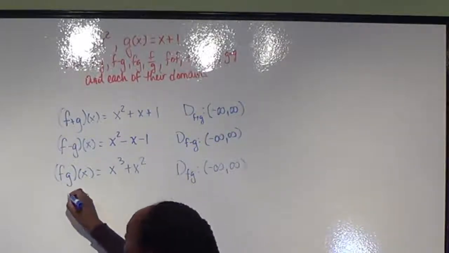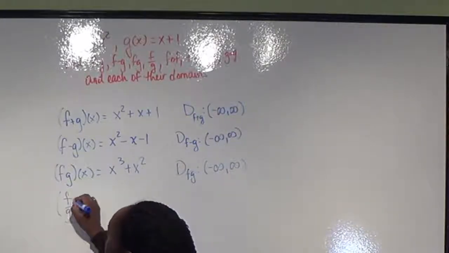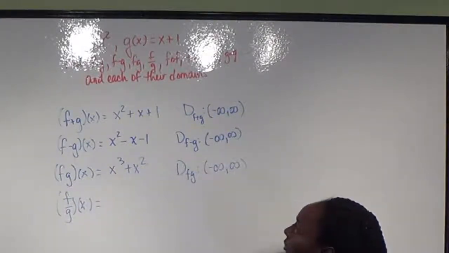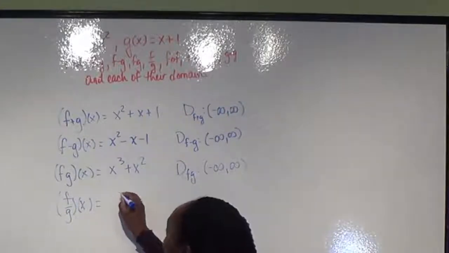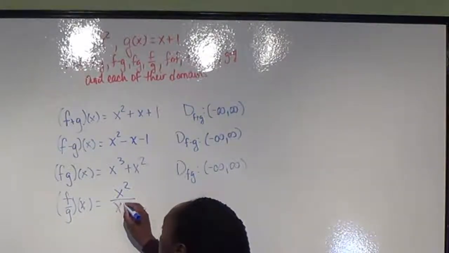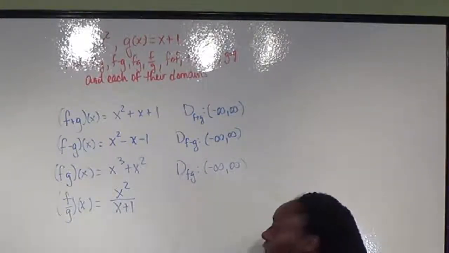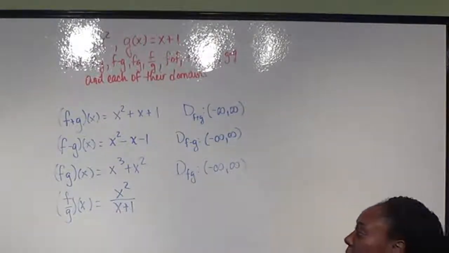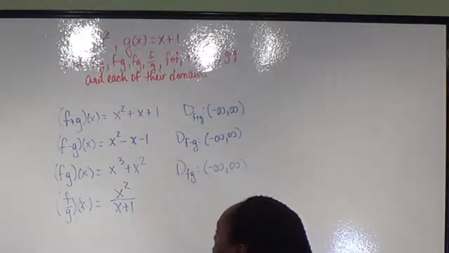For f divided by g, I'm looking at x squared divided by x plus 1. In this case, there's not a whole lot more I can do with that. I can't simplify that any, so that is my f divided by g function.